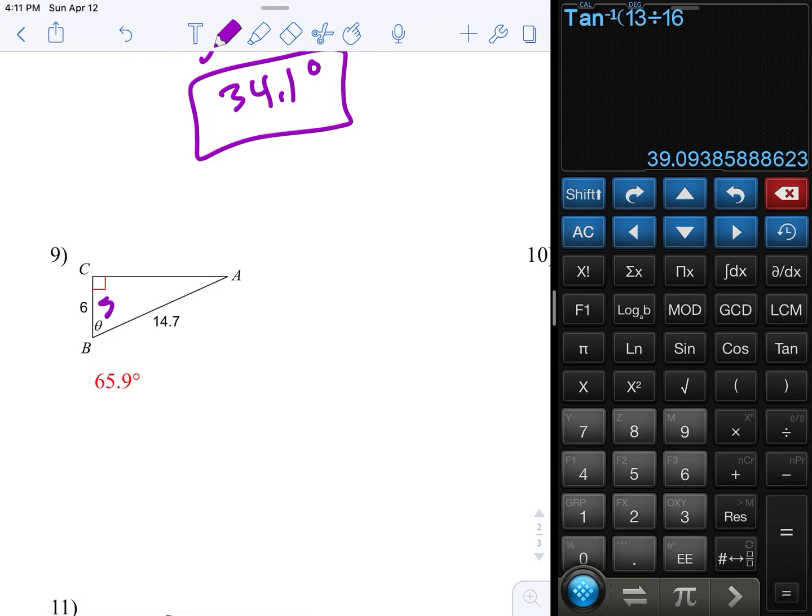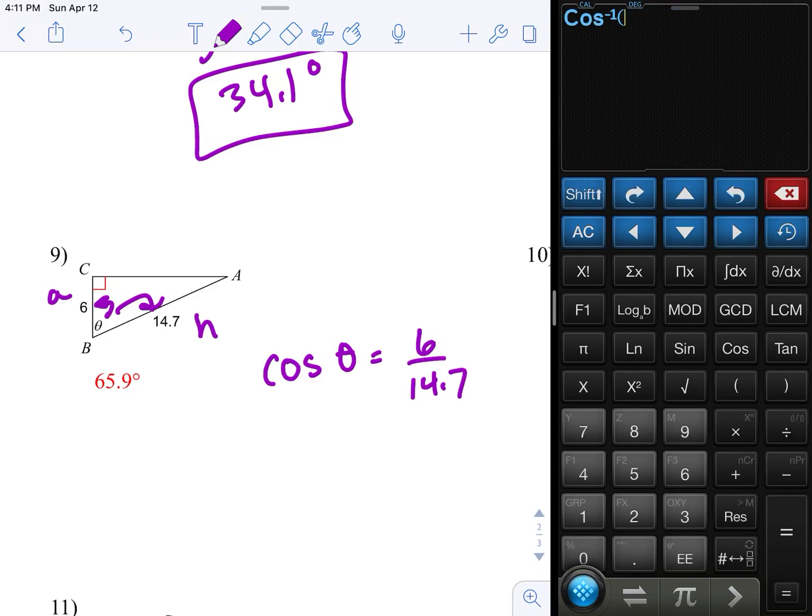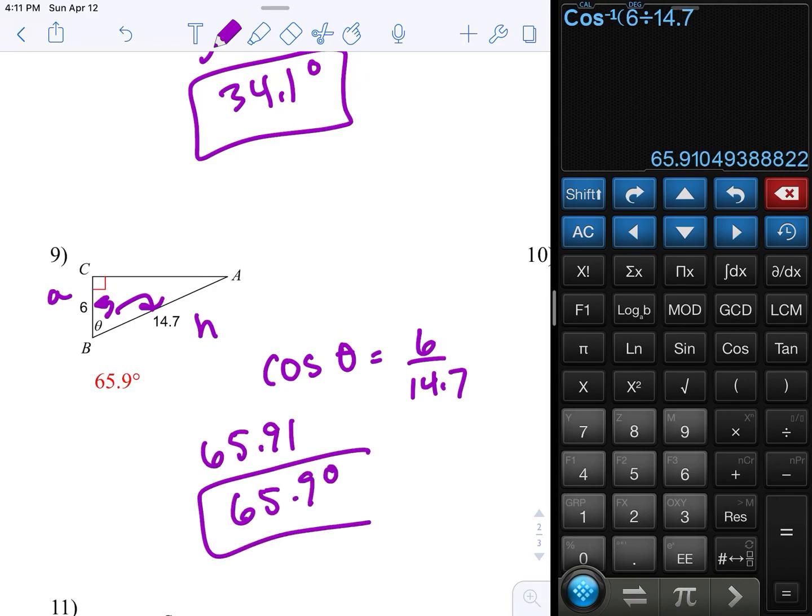From the theta, adjacent and hypotenuse, so it's cosine. Cosine theta equals 6 divided by 14.7. I'm looking for an angle, so use cosine inverse. This calculator is awesome. There's a million awesome ones out there, but this one is good.